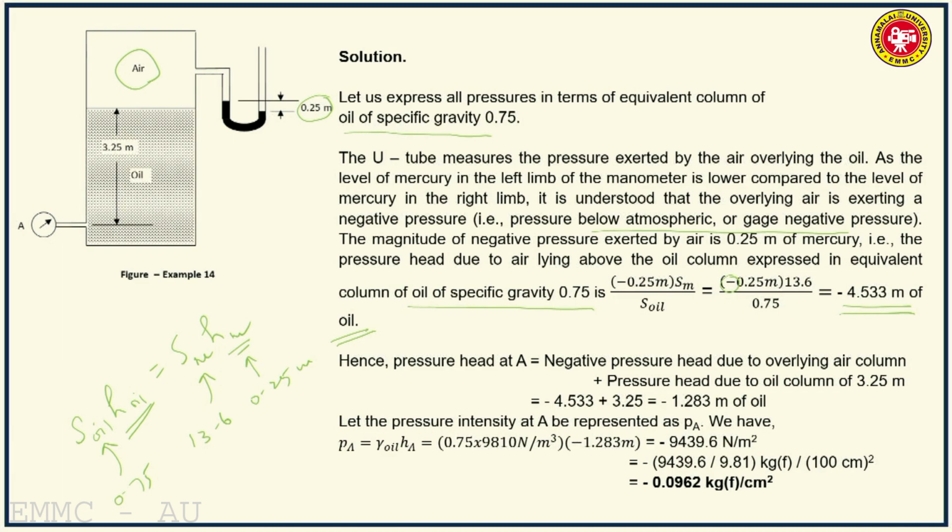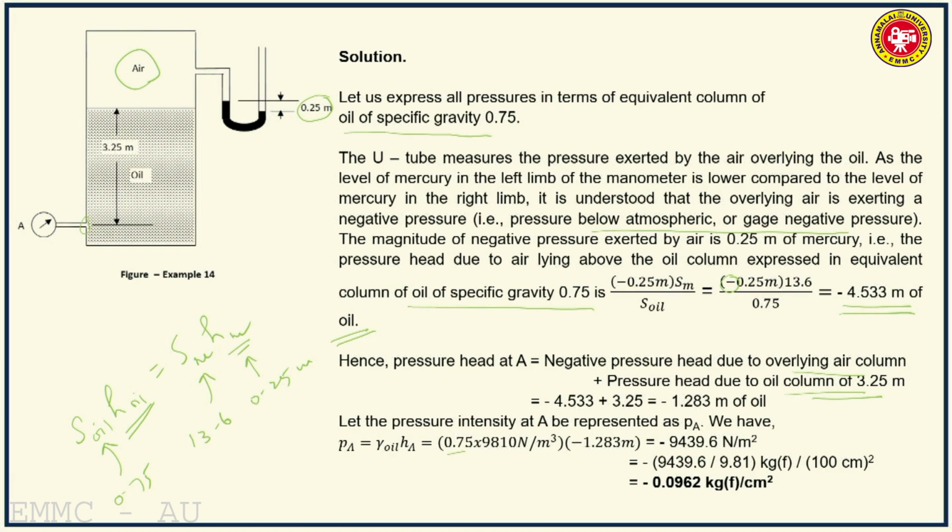Therefore pressure head at A is equal to negative pressure head due to overlying air column plus, since when you go down the pressure increases, pressure head due to oil column of 3.25 meters. Let the pressure intensity at point A be represented as PA. So we have PA equal to gamma oil multiplied by HA.